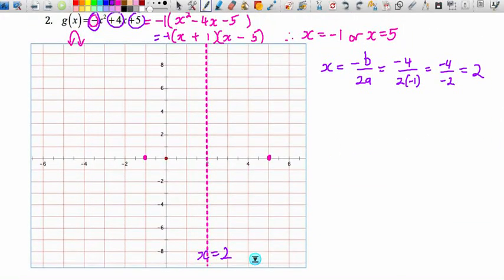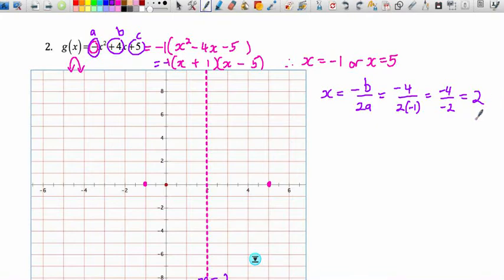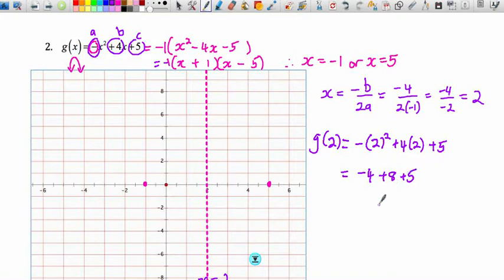We need to find the corresponding y value, and so in order to do that, I'm going to say g of 2, which is just another way of saying substitute 2 into the equation in the place of x. And so I have -2 squared plus 4 times 2 plus 5, and so that's going to give me -4 plus 8 plus 5.